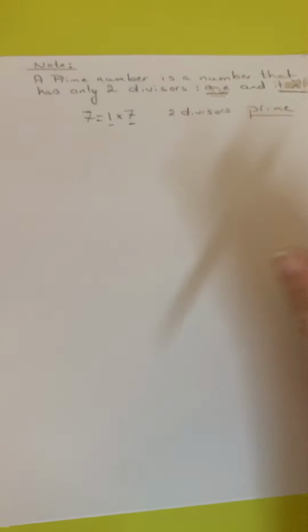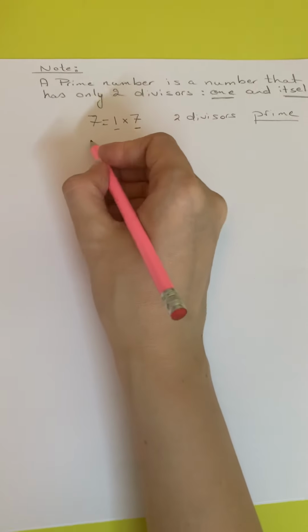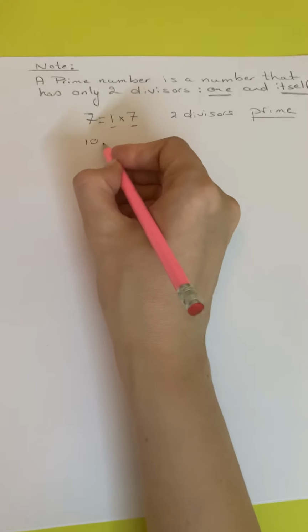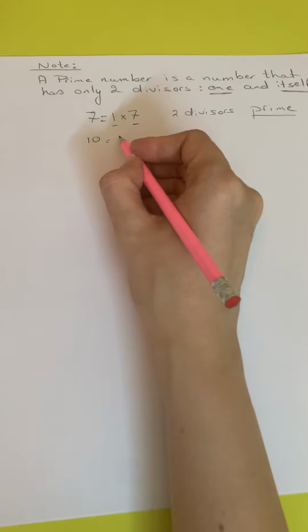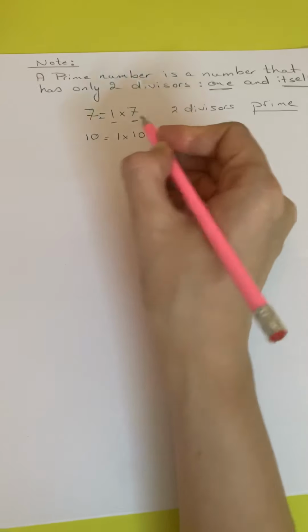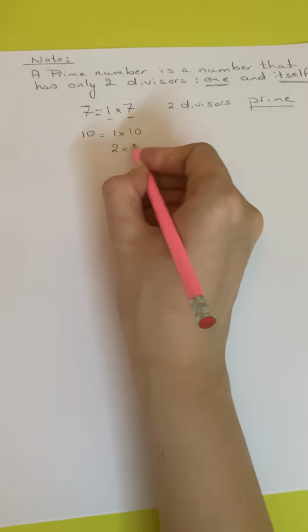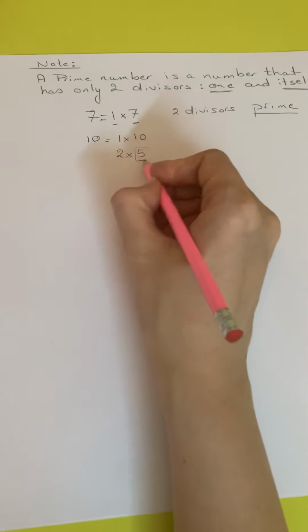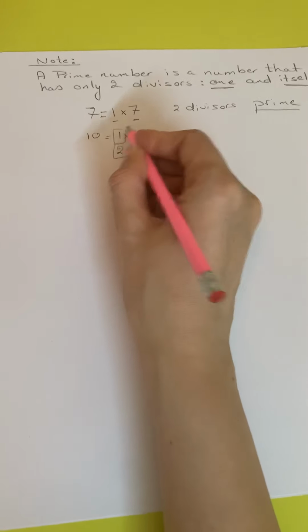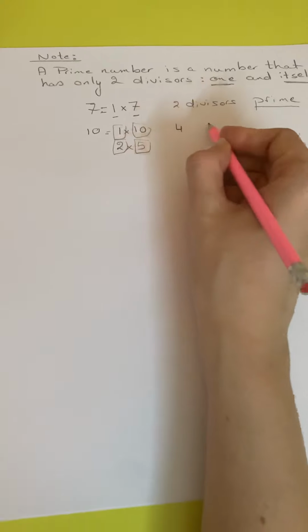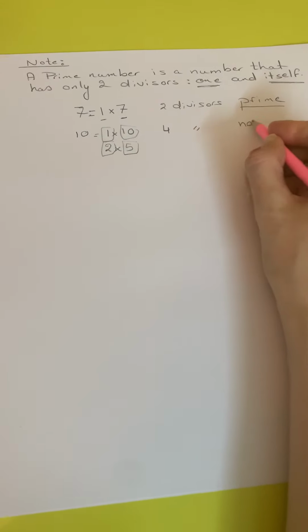If it has more than two divisors, it's not a prime number. For example, take the number 10. You can write it as 1 times 10, or as 2 times 5. So how many divisors do you have? You have 4 divisors, so it's not prime.